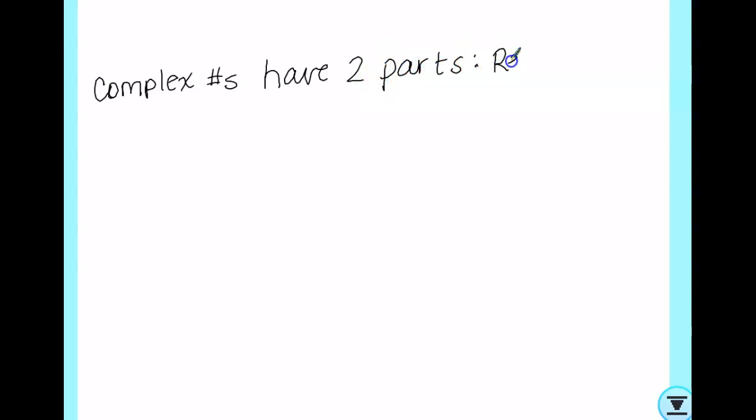First off, complex numbers have two parts. They have a real part and they have an imaginary part.